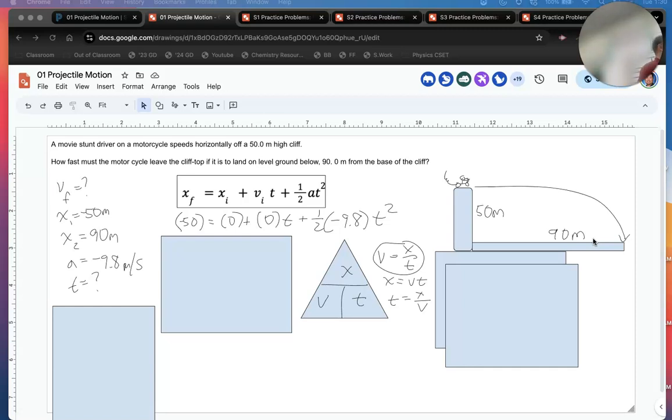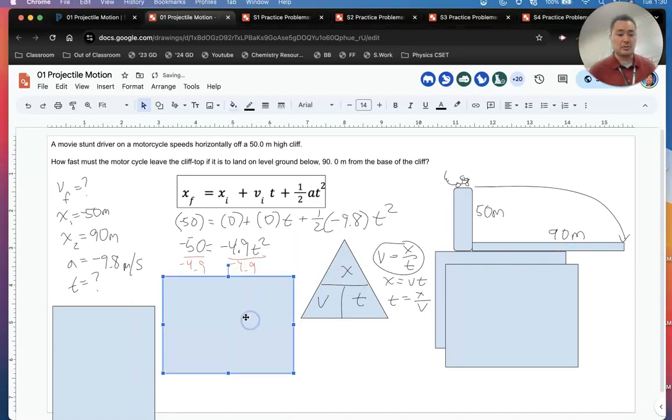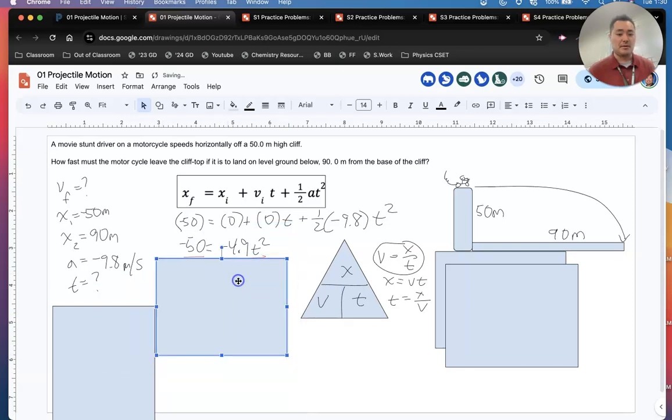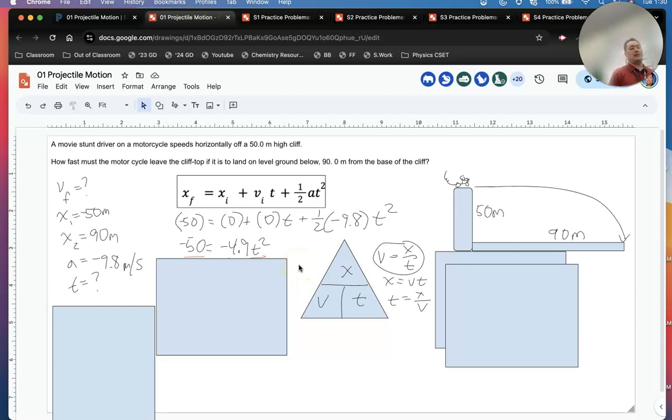All right. So we've got our variables plugged in. Now we just need to calculate. It's going to be period 3. So Eduardo, grab a calculator, and when we simplify this equation, it becomes negative 50 equals negative 4.9 t squared. And what would you put in your calculator, Eduardo, to solve for t?